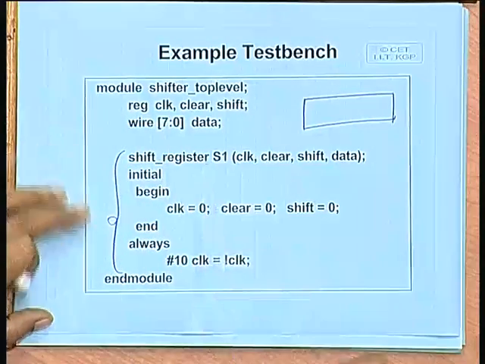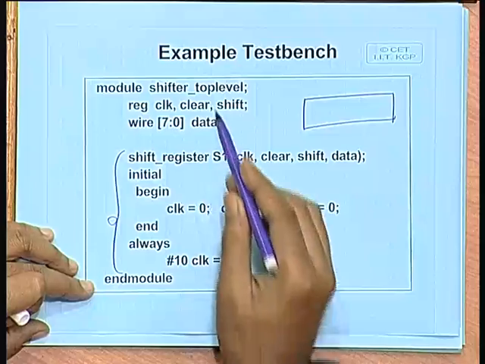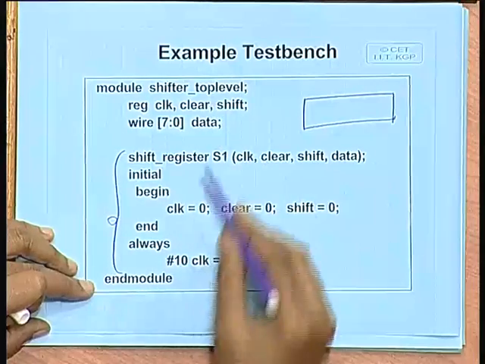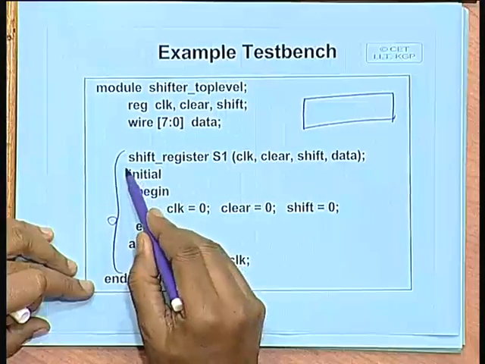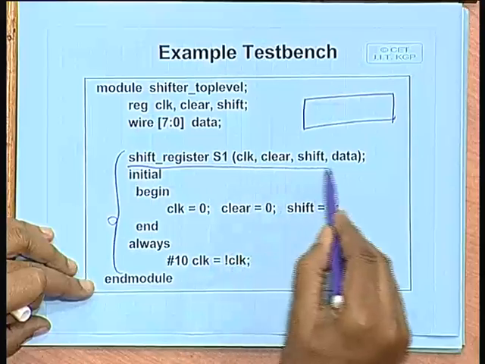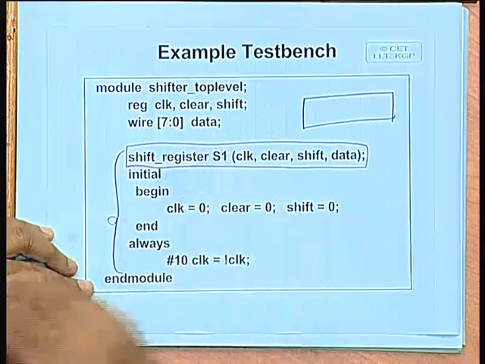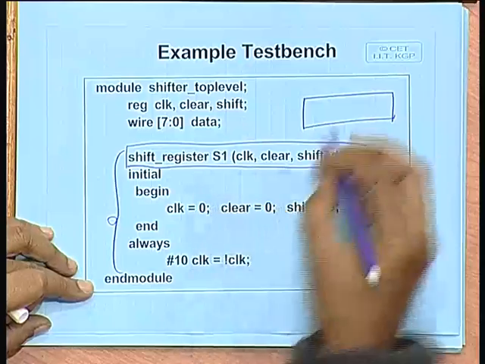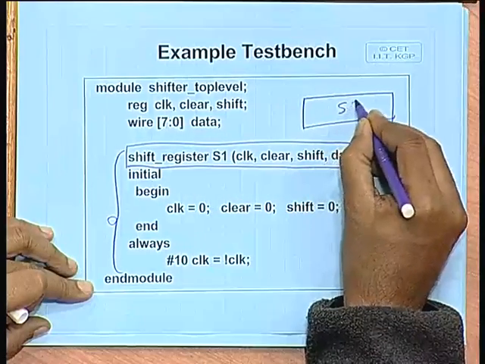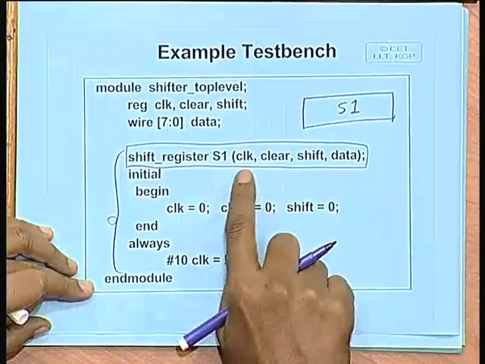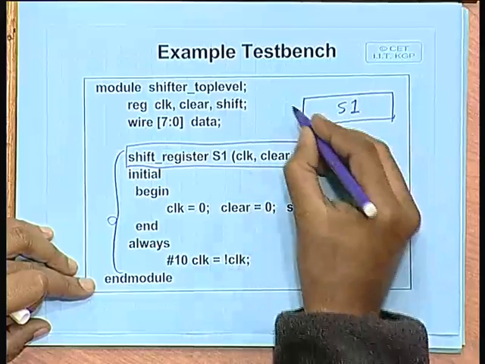Module shifter, top level. Here we are instantiating the shift register module. This description I am not showing; it has been defined elsewhere in another module. So this is instantiated as a block S1 in this design, and the inputs are clock, clear, shift and data.